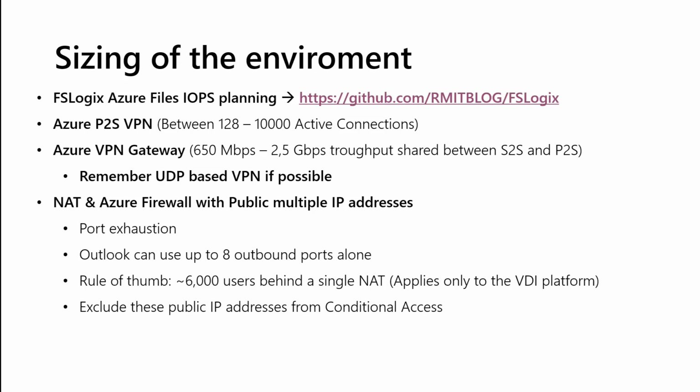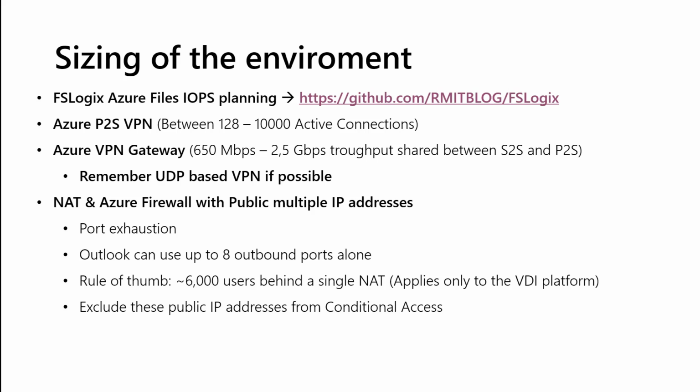And the final aspect is if you are using Azure Firewall or any type of third-party application or third-party provider, or you're using the NAT gateway functionality in Azure, you need to make a calculation for port exhaustion, meaning that there's only so many that can share a single public IP address for outgoing traffic. Just to give an example, Outlook alone can use up to 8 outbound ports.